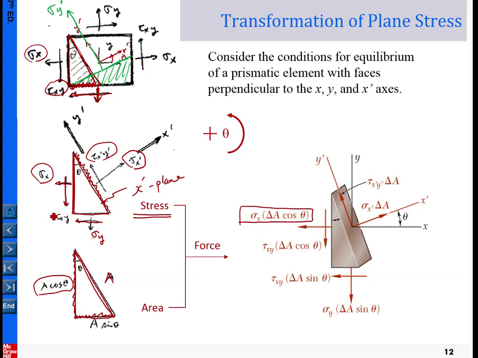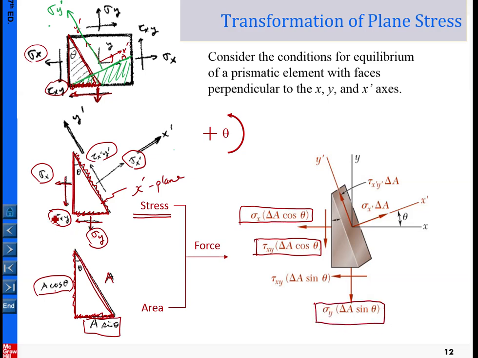And then again, this stress element multiplied with the corresponding area is a force. In a similar way, this stress multiplied with this area, because this stress is acting on this plane, gives this force.